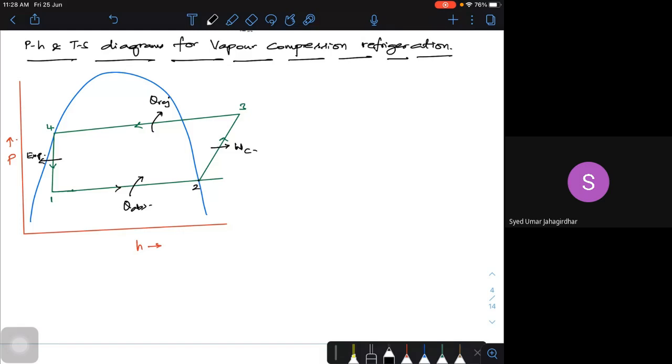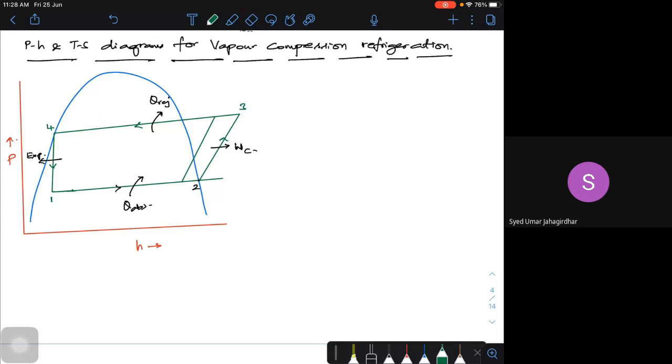If you closely look at it, the condition of the refrigerant at the end of evaporation, if it is dry, it is really good. Suppose the refrigerant is not dry, if it is wet, I'll be following this path.